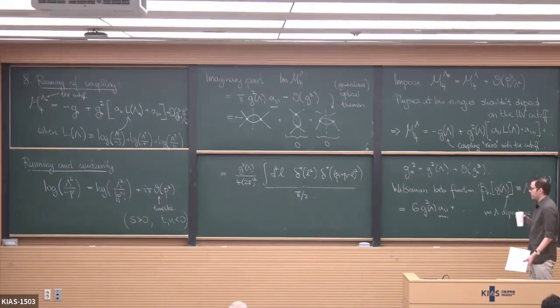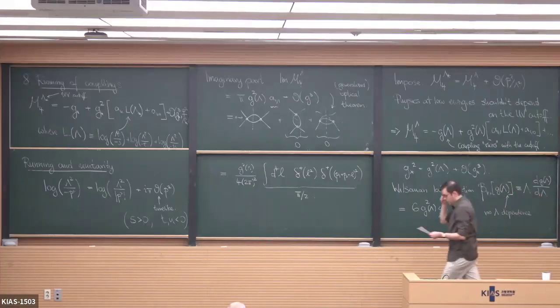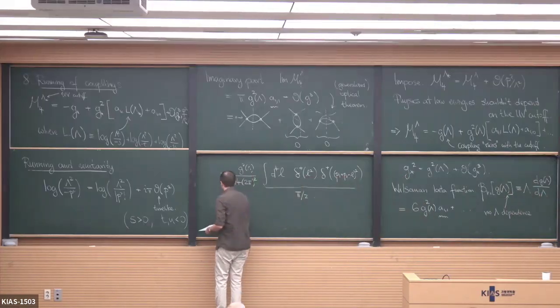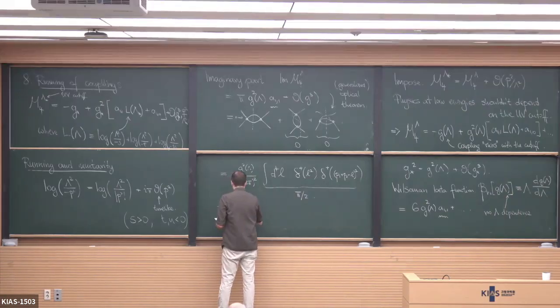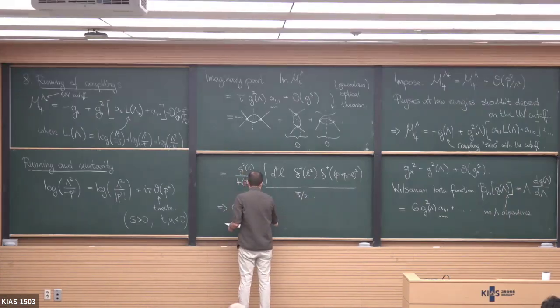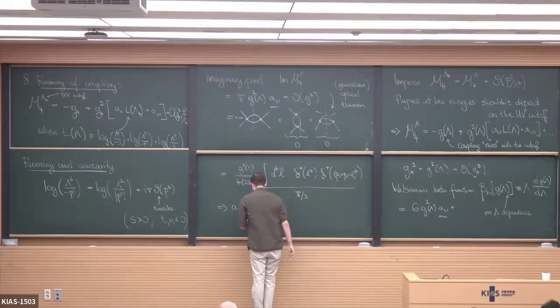And it's important because it allows us to finally, by equating the second line and the final line, read off the A11. Okay, so A11 is equal to 1 over 32 pi squared.